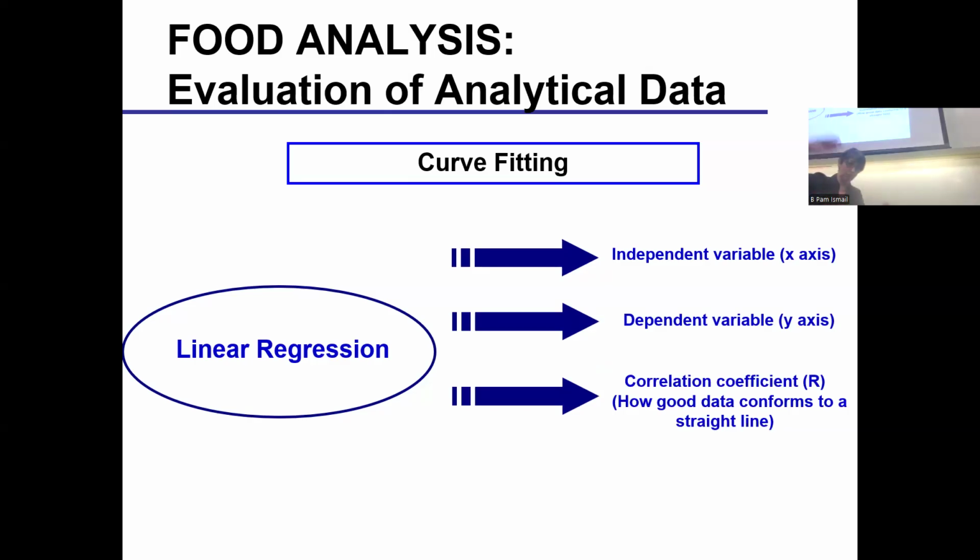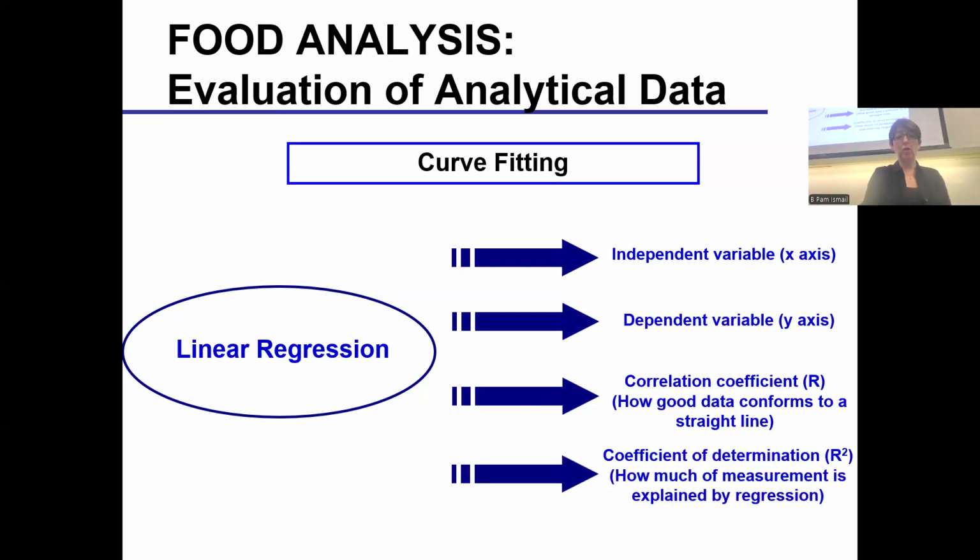So your observation forms a straight line, whether increasing or decreasing with the concentration. And then you have the coefficient of determination, R squared. The higher the R squared, the better the prediction of your equation of the line. So we always try to get 0.999 if we're able, or something close to that.